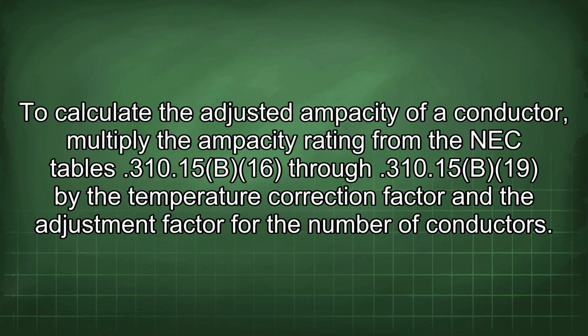To calculate the adjusted ampacity of a conductor, multiply the ampacity rating from the NEC table 310.15(B)(16) through 310.15(B)(19) by the temperature correction factor and the adjustment factor for the number of conductors.